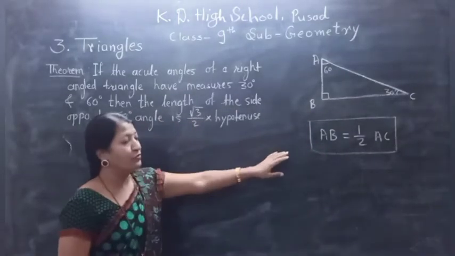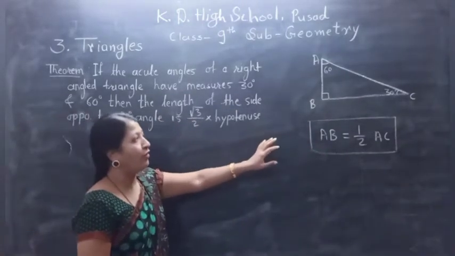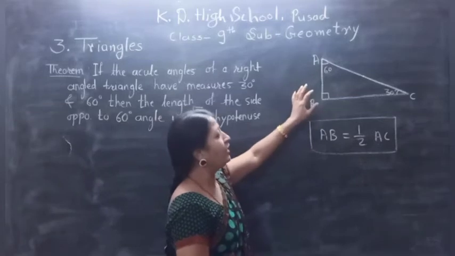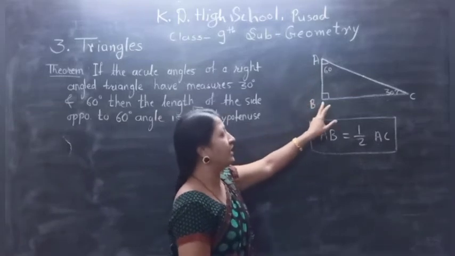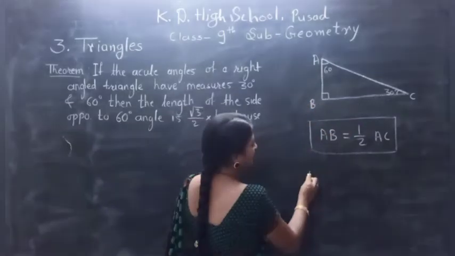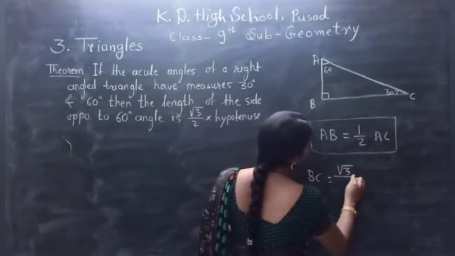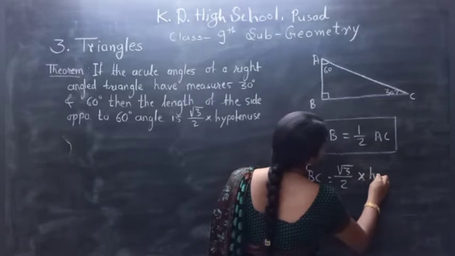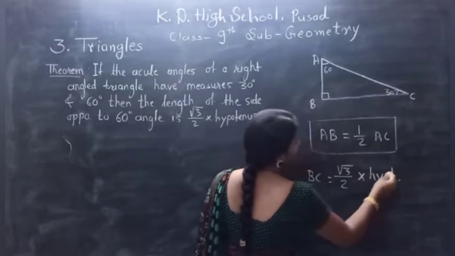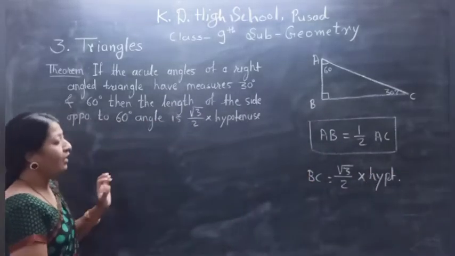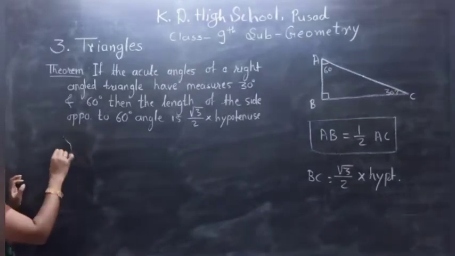Now by using this statement we have to prove that the side opposite to angle 60, that is BC, is equal to root 3 by 2 times the hypotenuse. Again we start with the given.